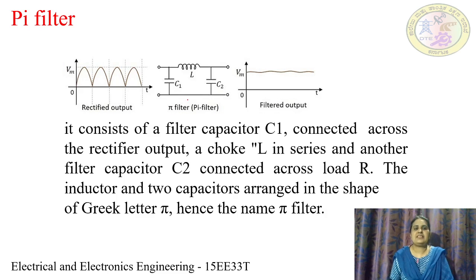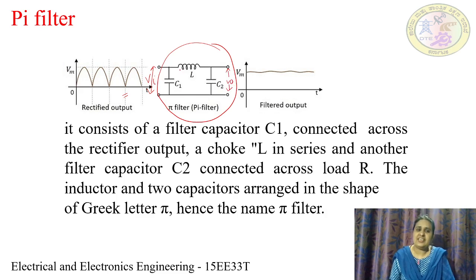Okay, so the next type of filter is the pi filter. See, the pi filter looks like the pi symbol, that is why we call it a pi filter. Again the input to this filter is the output of a rectifier, and the output of the filter is a constant output.